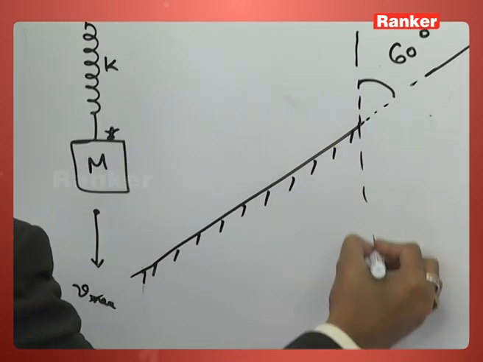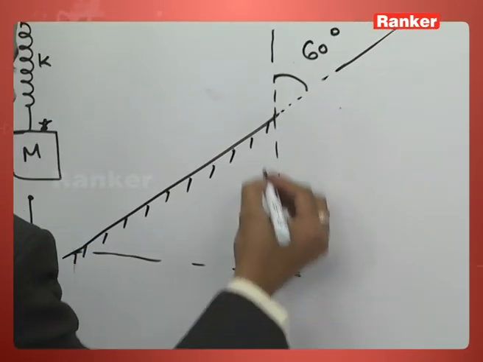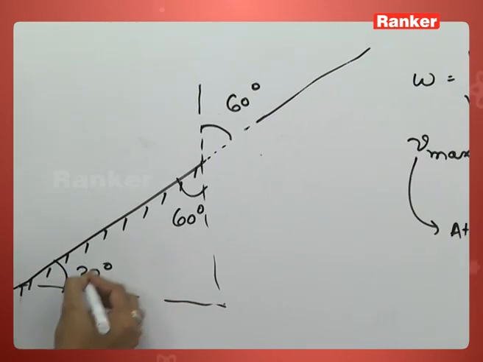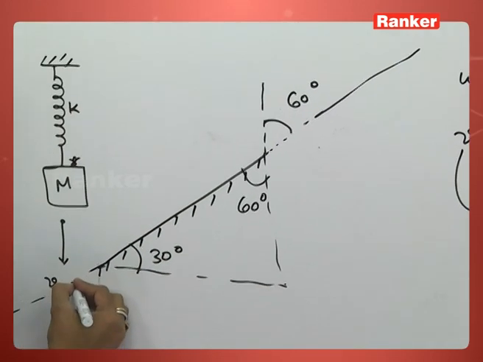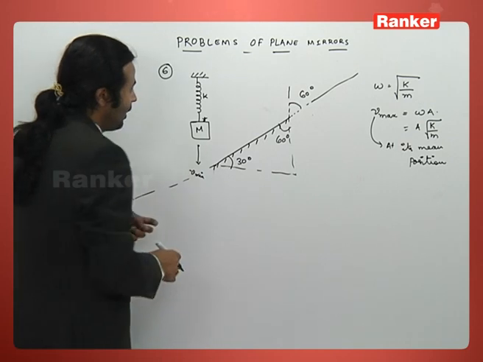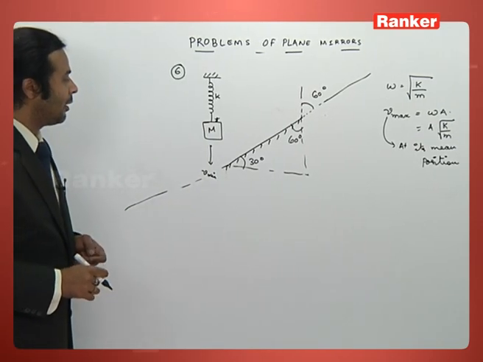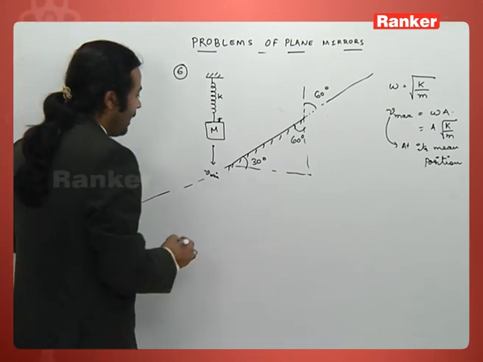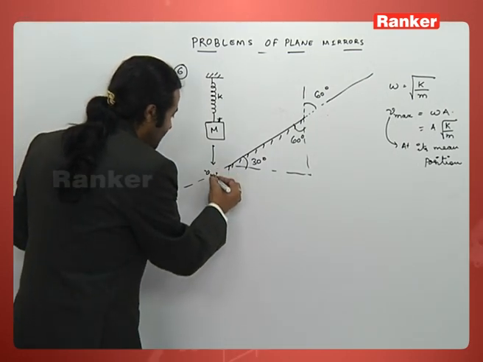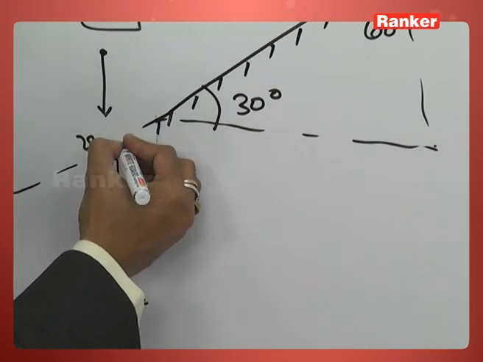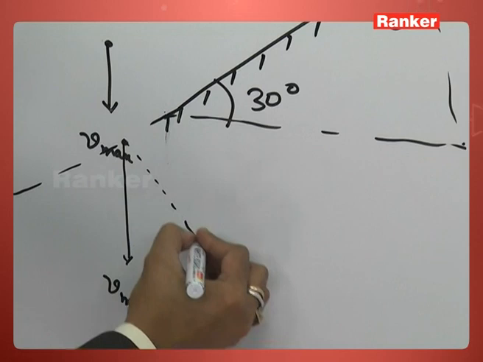So this is 60, this is also 60, this is 30. So here I can take, this is V max going down. The mirror always reflects the perpendicular component. So if I take the components, the V max is like this, and I can say the perpendicular component will be like this.